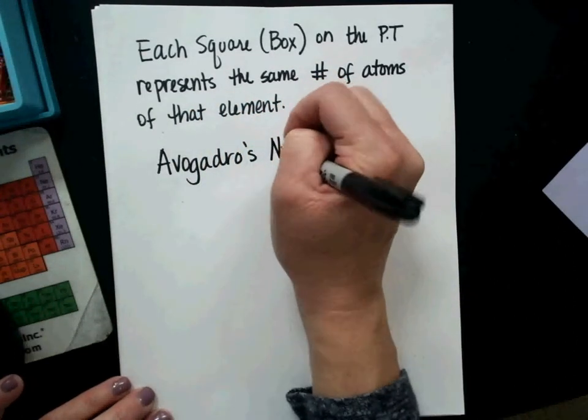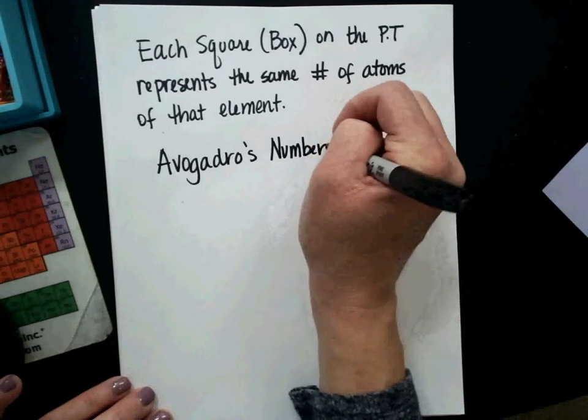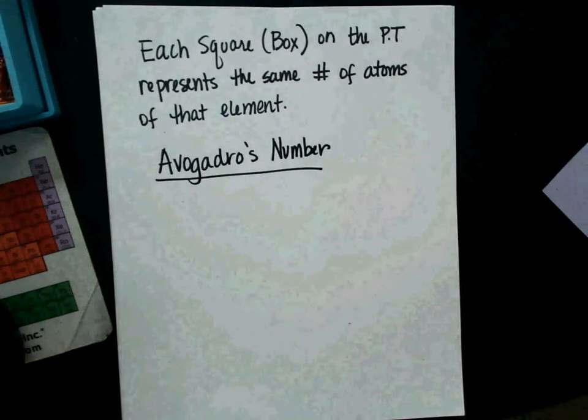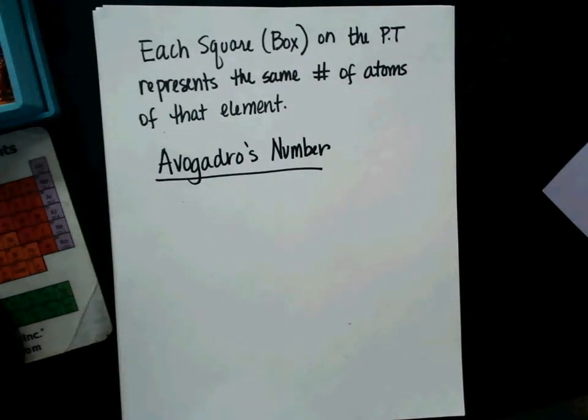And that's called, because this is the guy who discovered it, Avogadro's number. He did all kinds of experimentation with carbon when they were setting up the periodic table, the most modern one, or where our modern one is based on, and he figured out how many atoms were in 12 grams of carbon, and then he figured everything out from there. And we're not going to go into all those details.